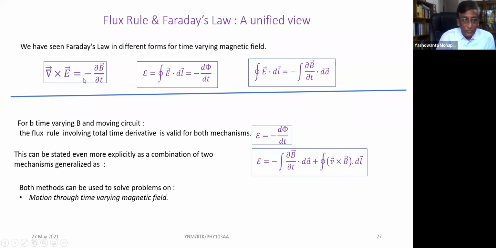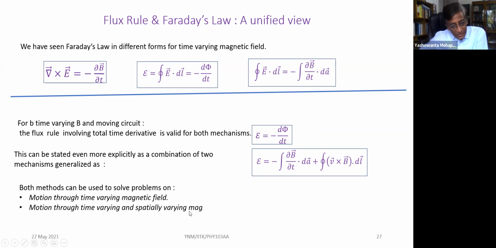All right. So we have three methods really: del cross E equals minus del B by del t. Okay. E through total time derivative, or E through, okay, this is EMF and here is actually E calculation. So motion through time varying and spatially varying magnetic field. You can have both, right?